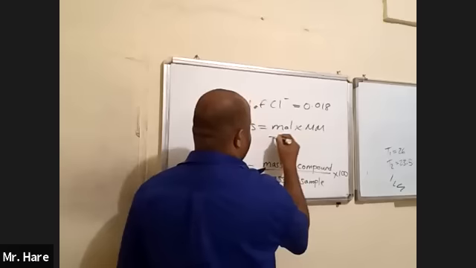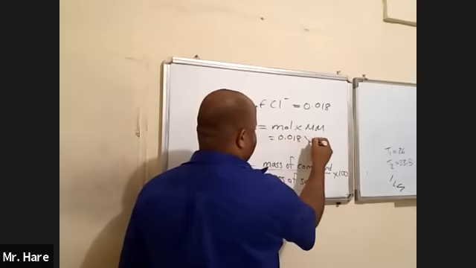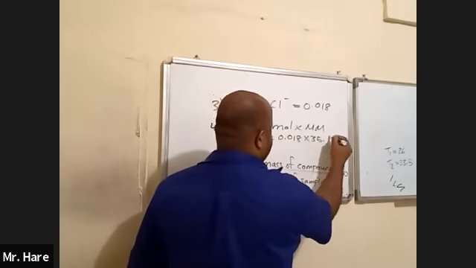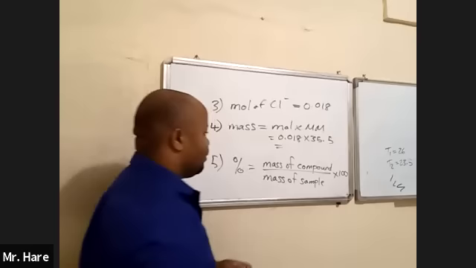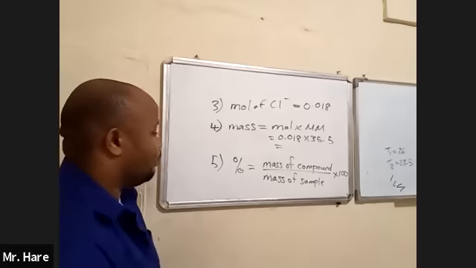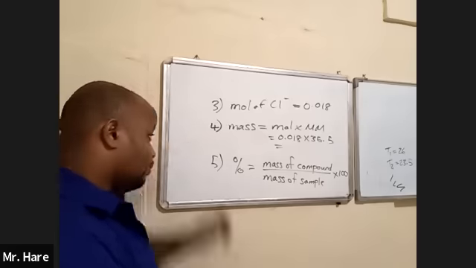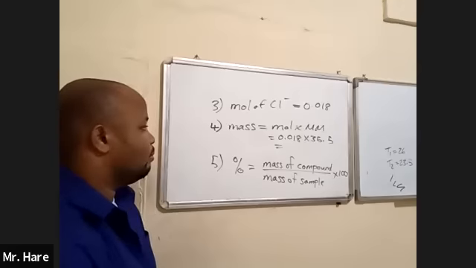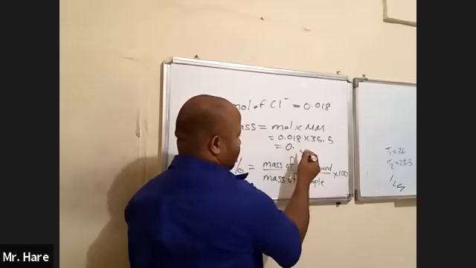So it would be 0.018 times 35.5. How much do you get? 0.64.